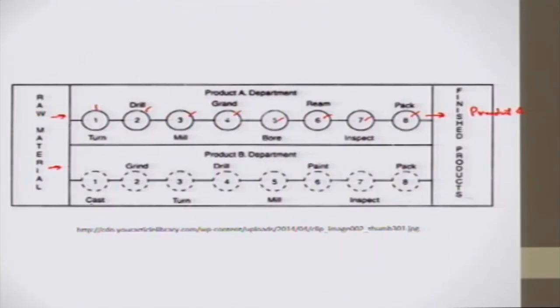And the second product is, the raw material is coming in, certain processes are being carried out: casting, grinding, turning, drilling, milling, painting, inspection, packaging, and then product 2 is out. Again recalling, this is mass production or high volume production.